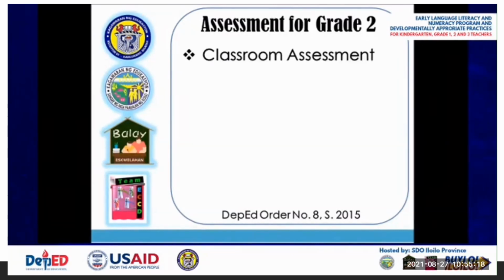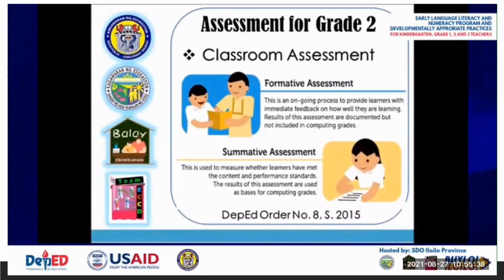First is the classroom assessment. It is an ongoing process of identifying, gathering, organizing, and interpreting qualitative and quantitative information about what learners know and can do. Under classroom assessment are formative assessment and summative assessment.